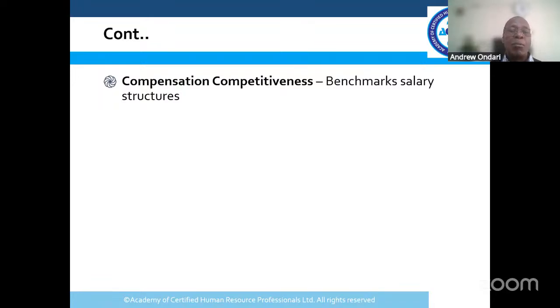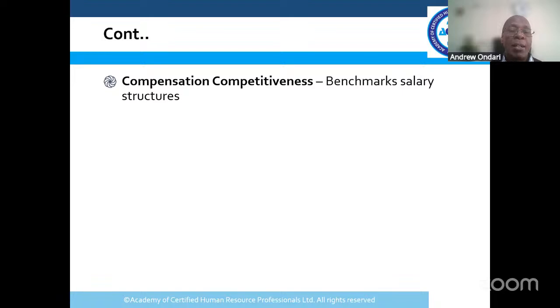The other area in which we can measure performance is compensation competitiveness. Compensation is what our employees are paid at the end of the day, week, or month. This is usually in terms of salaries and wages.